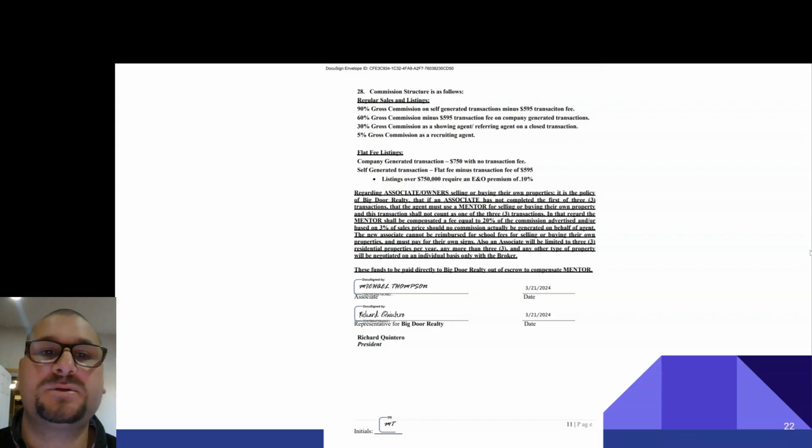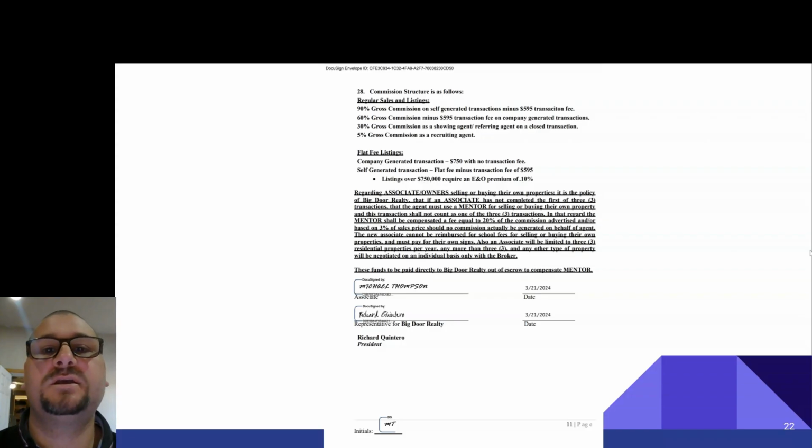You get 60% gross commission minus $595 transaction fee on company generated transactions. Now, the transaction fee is really just to protect you and everyone else and the broker, because it's the errors and omissions insurance. It costs about $600 per deal, right?